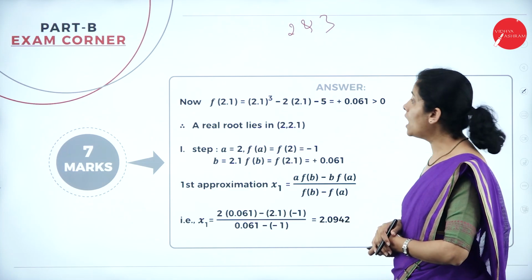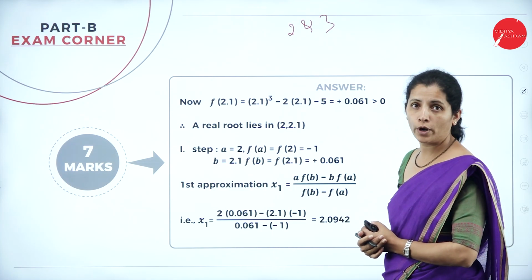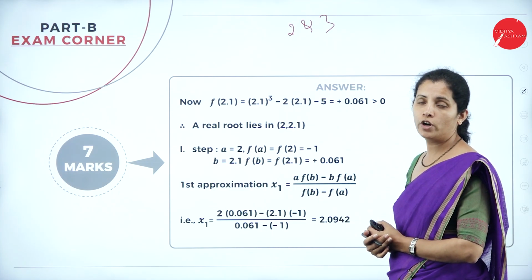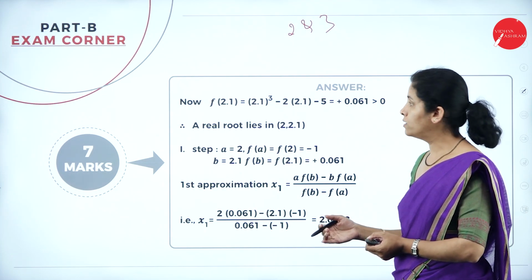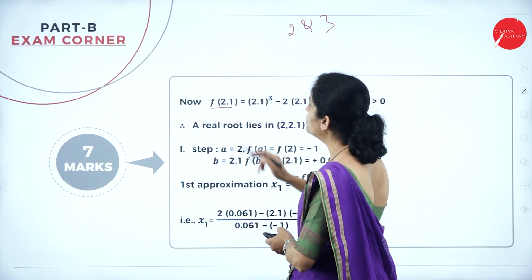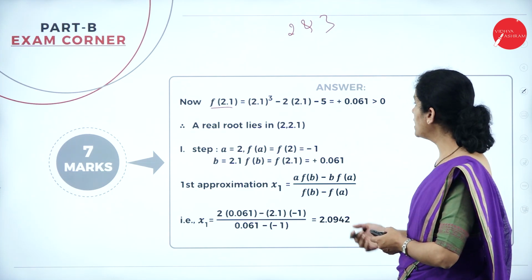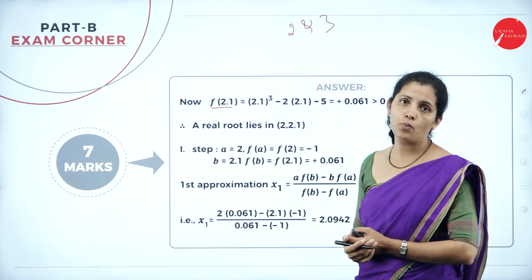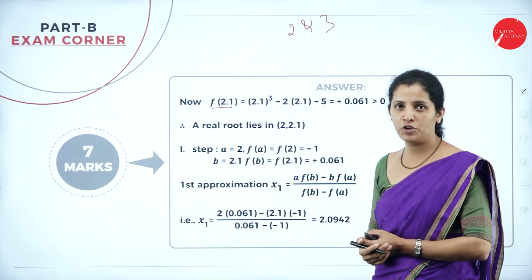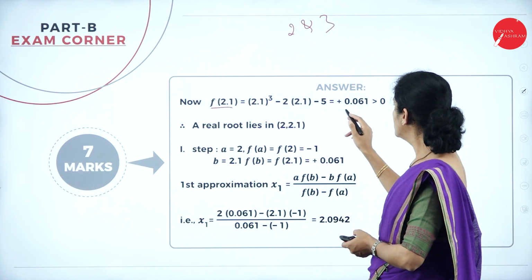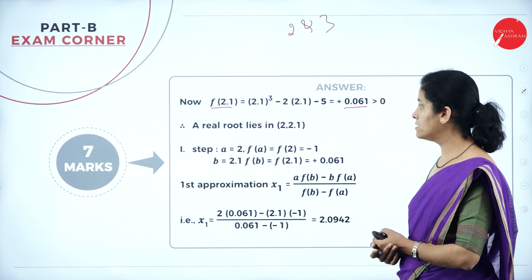And here I am going to start from 2.1, 2.2, 2.3, and so on. So I start from 2.1. Now x is 2.1 and I substitute this 2.1 in the equation, and I am getting some positive answer.